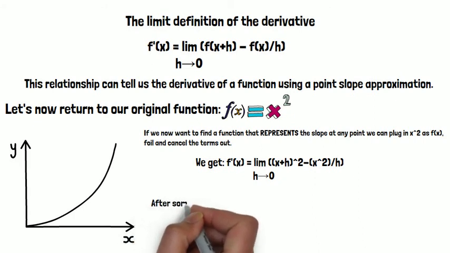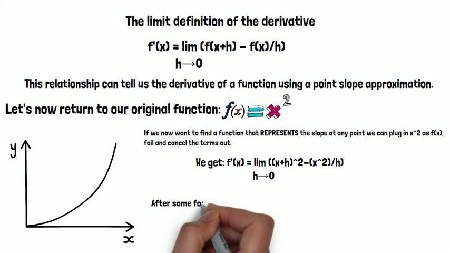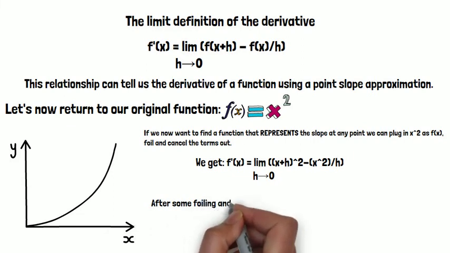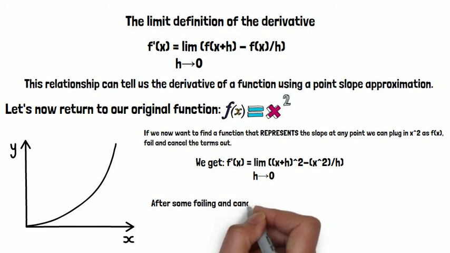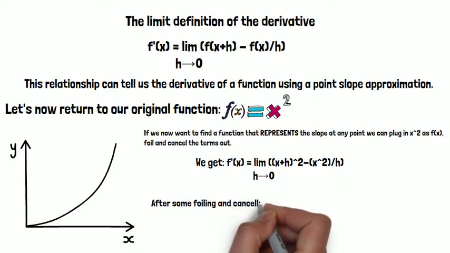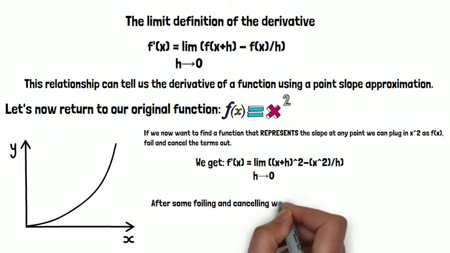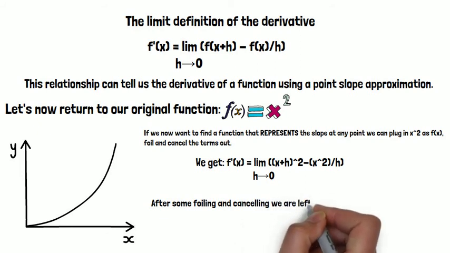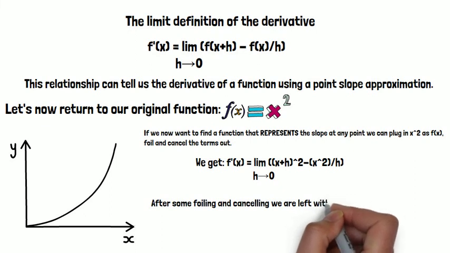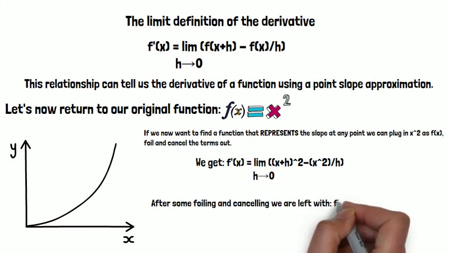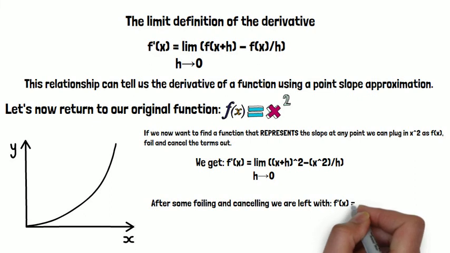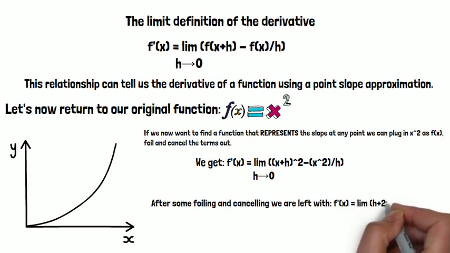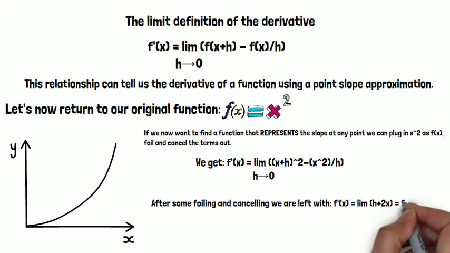The limit of (x plus h) squared minus x squared, over h, as h goes to 0. Then, after some foiling and some canceling, we get the following, which will always simplify. In some cases, the denominator will go to 0 and it will look undefined, but you just have to cancel more terms or move the denominator to the numerator.